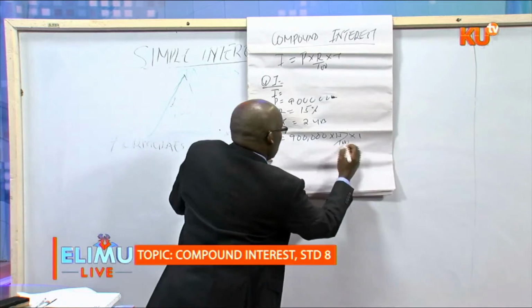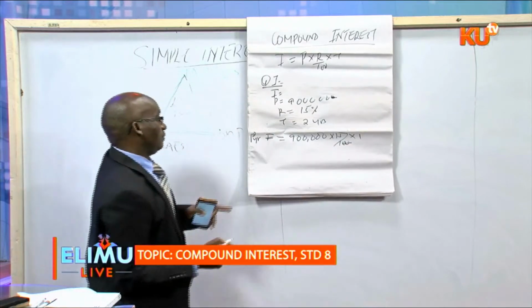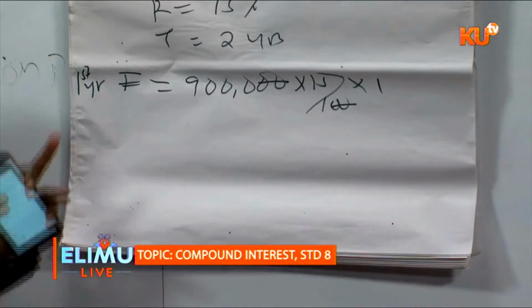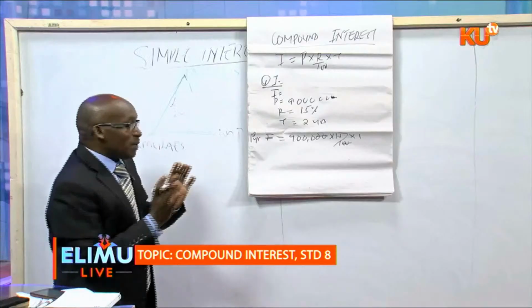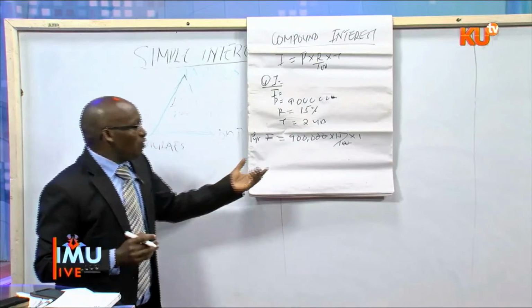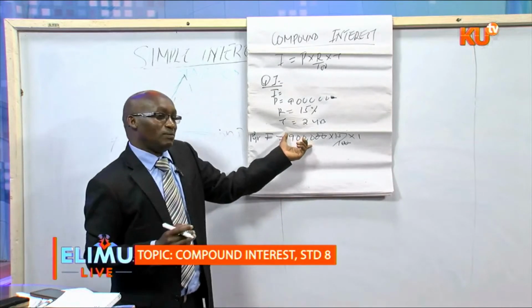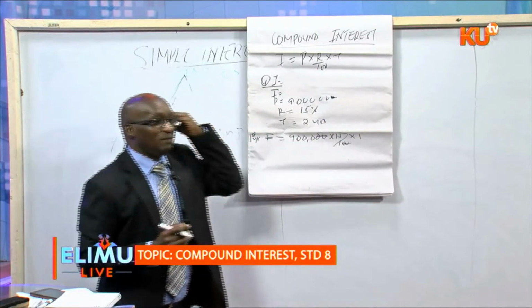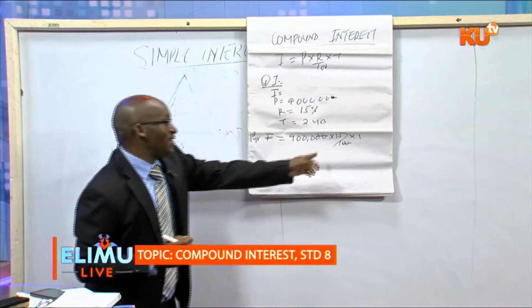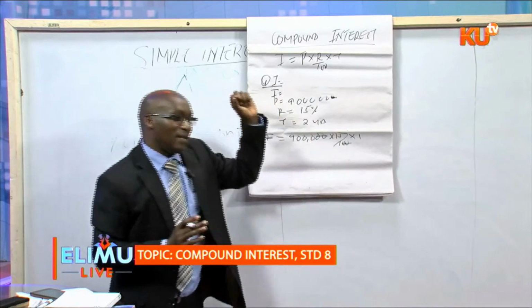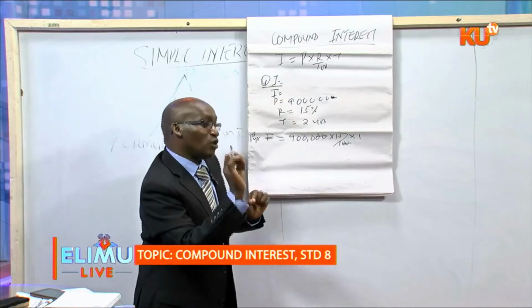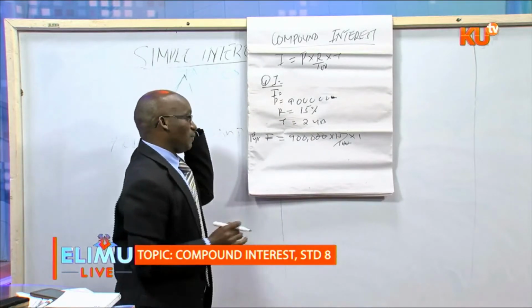So, by 100, you get 1. By 100, you get 9,000. Now, there is something that I said when I was talking about multiplication of numbers. If you look at 9,000 here, multiplied by 15, you realize it's very easy to multiply 9,000 by 10, because in 15, we have got 10 plus 5.